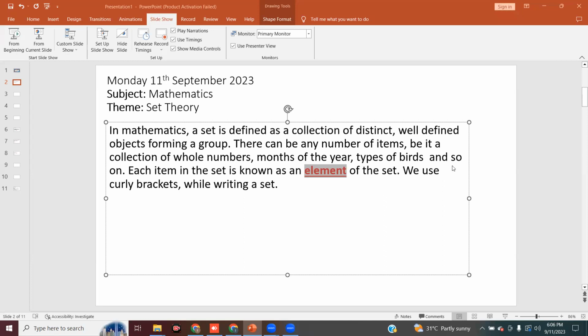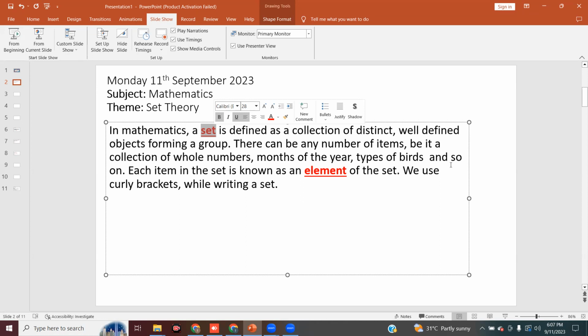So Dion, what is a set? A set is defined as a collection of distinct, well-defined objects forming a group. In your own words, in short, what is a set?